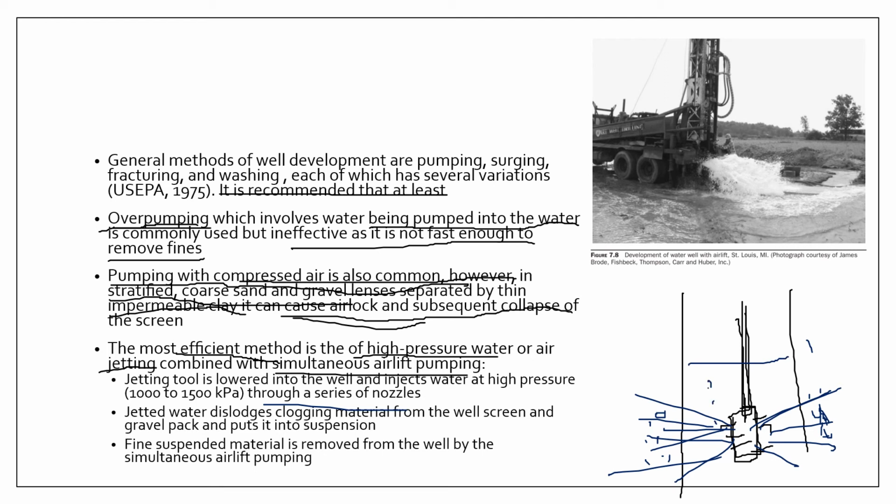So you actually end up dislodging all those particles, and they just end up being suspended in your water well. All right. So once you have suspended most of your fines in your water well, the next step is to do an airlift pump so that you can remove the water with fines out of the well.